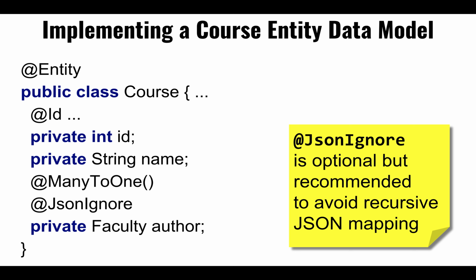So to do that, you can have a separate field, also of type faculty, but not participating in the many-to-one relationship. It would be a transient field, meaning this is not stored in the database.